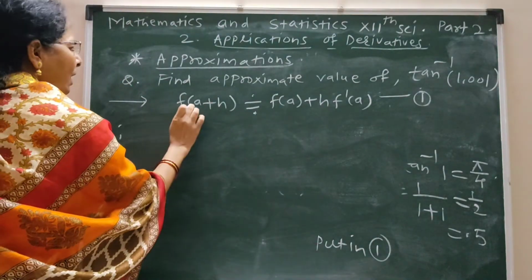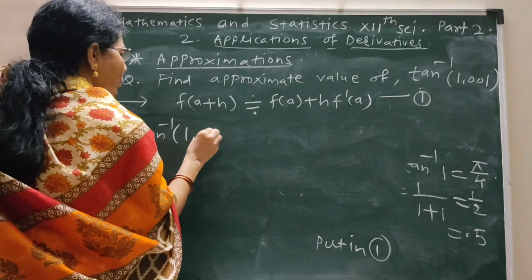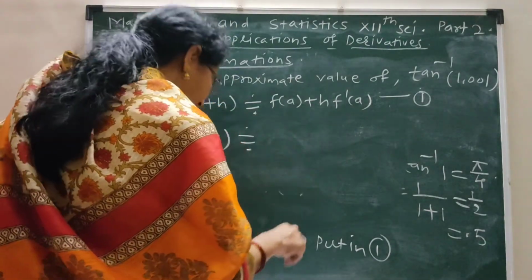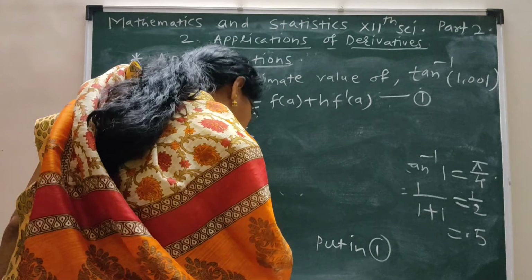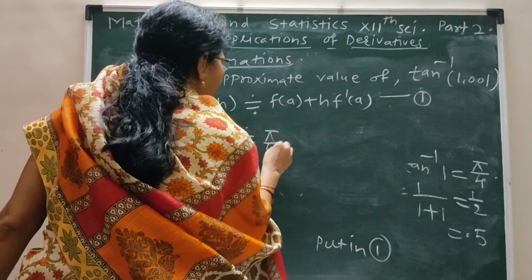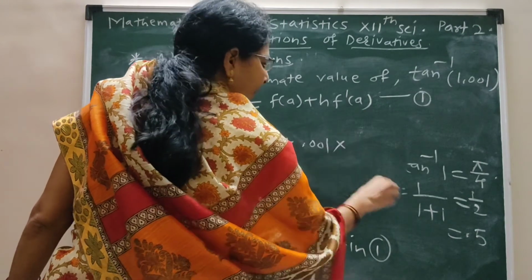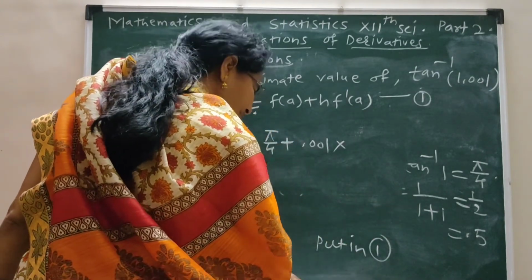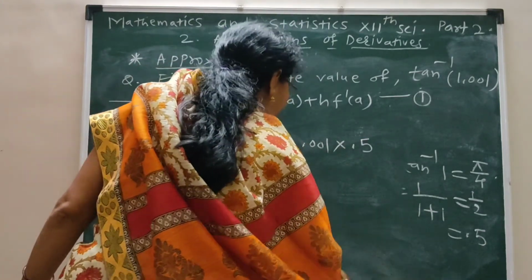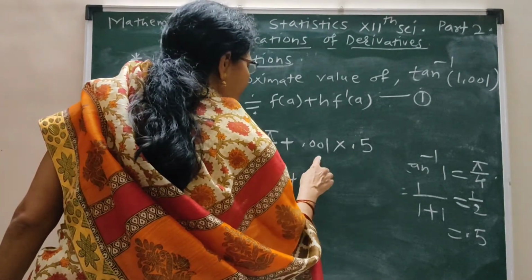Therefore, tan inverse 1.001 is nearly equal to f of a, which is pi by 4, plus h, which is 0.001, times f dash a, which is 0.5. Put proper values: pi by 4 plus this product.